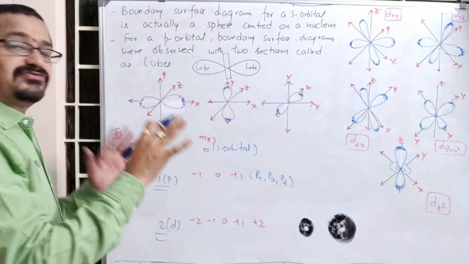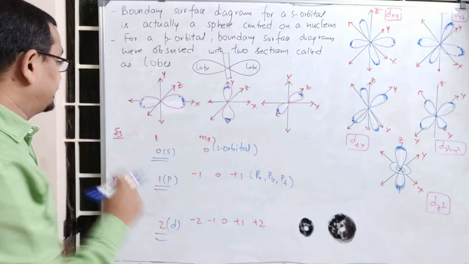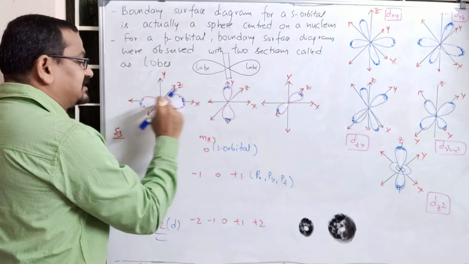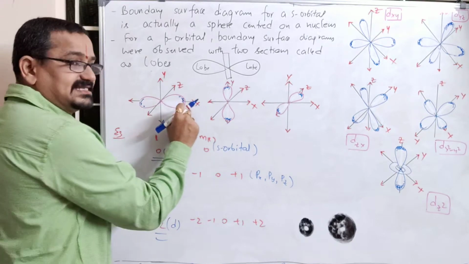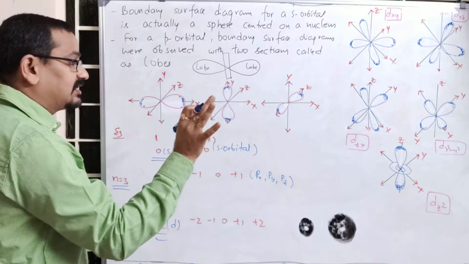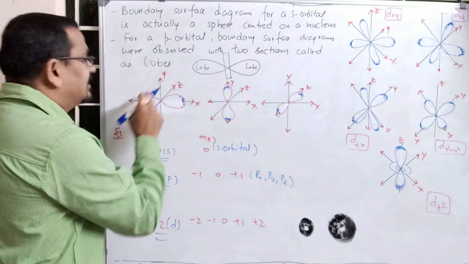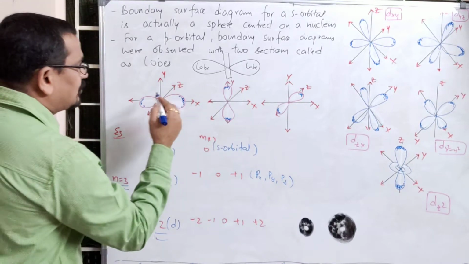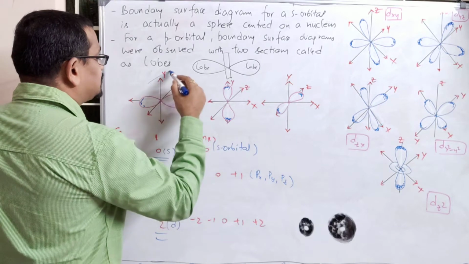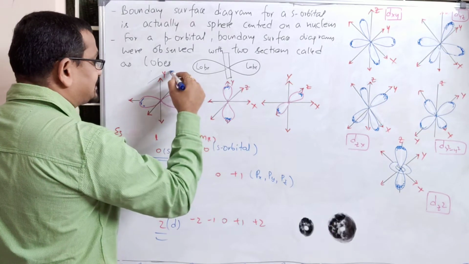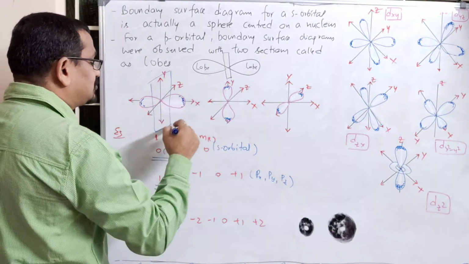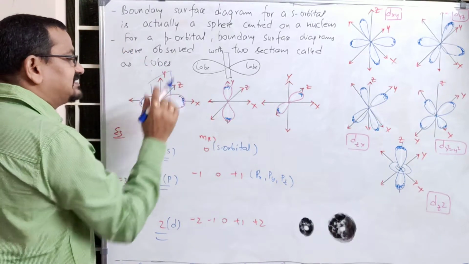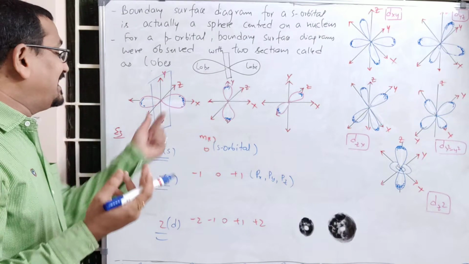And for the 3 p orbitals, see, this is a px orbital where electron probability is concentrated along the x-axis only, and along y and z its probability is 0. Thus, you can notice one thing: the plane passing through the nucleus with respect to the y and z axes has no px electrons.